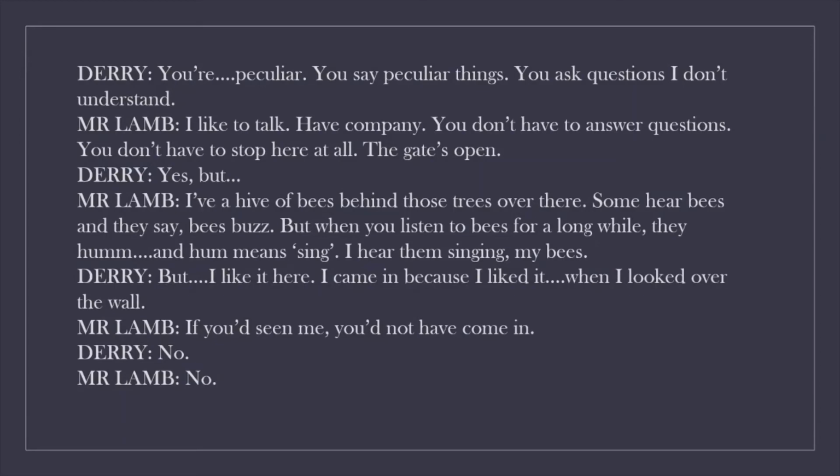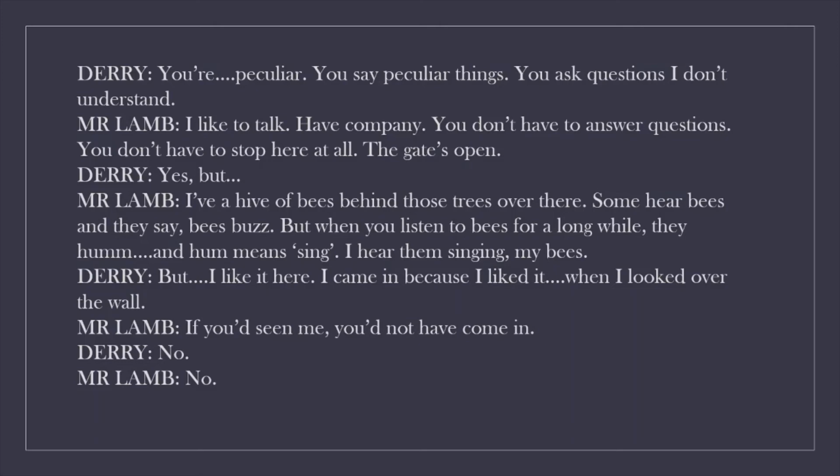Mr. Lamb said that he liked to talk and also liked the company of others. He also told him that there was no need to answer him, and as the gates were always open, he could leave any moment if he wanted to. Derry did not leave, and he seemed unsure.